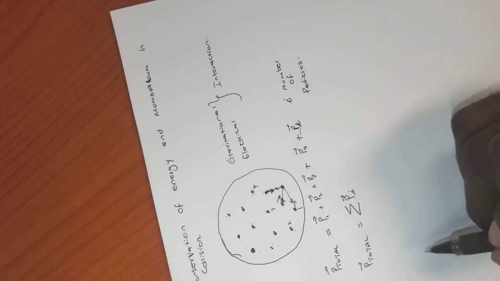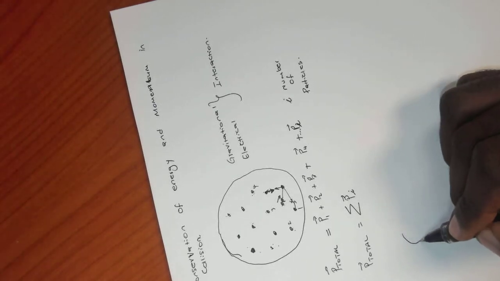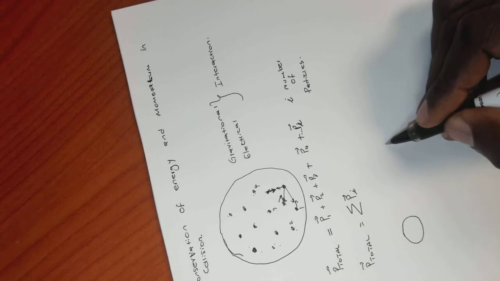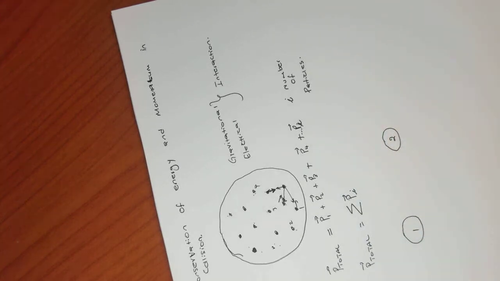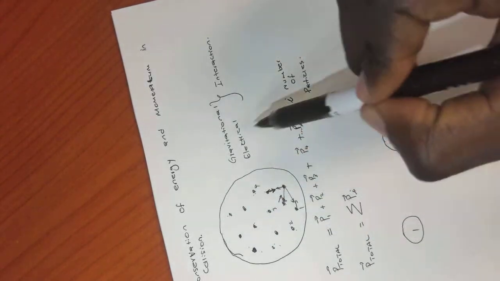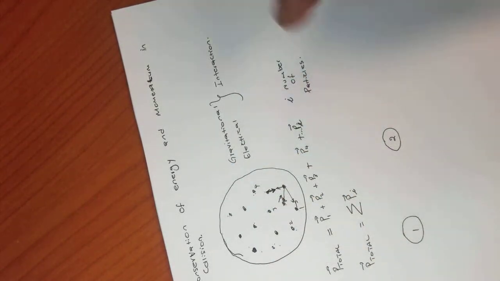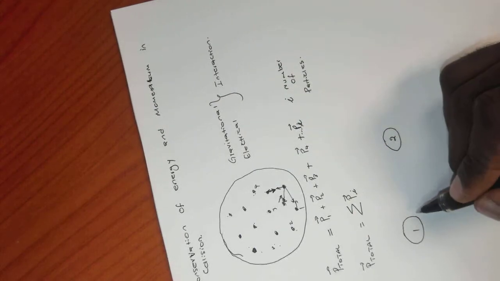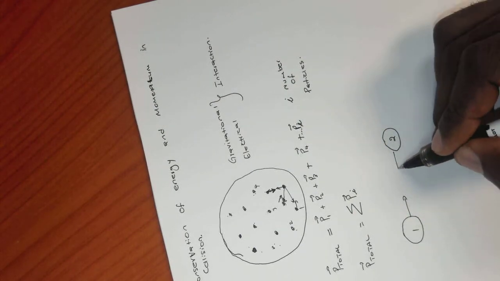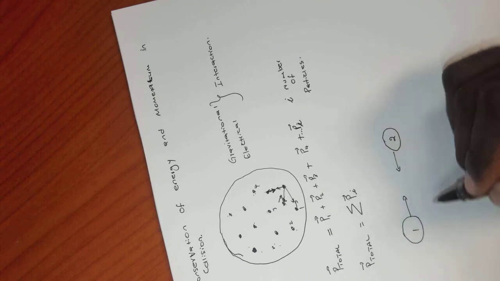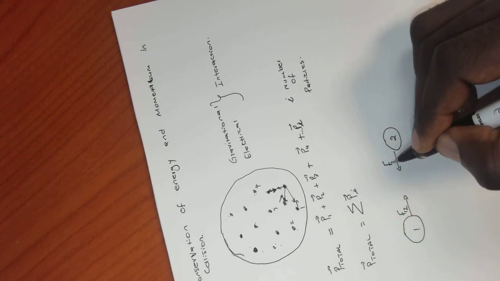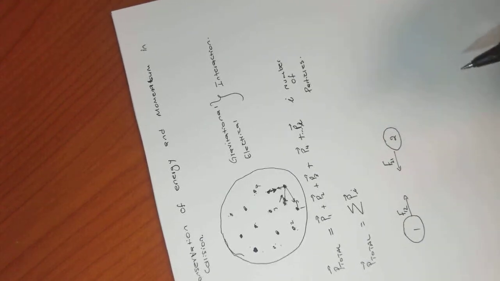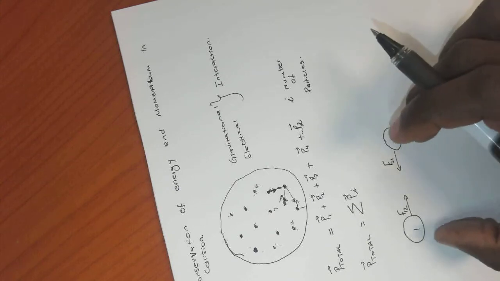So for simplicity, let's just take 2. You have this object, or a particle 1 and a particle 2. So during the interaction, they are colliding. This is exerting some force, and this is exerting some force in response, let's say F12, and this one is F21. So there's an exchange in forces.